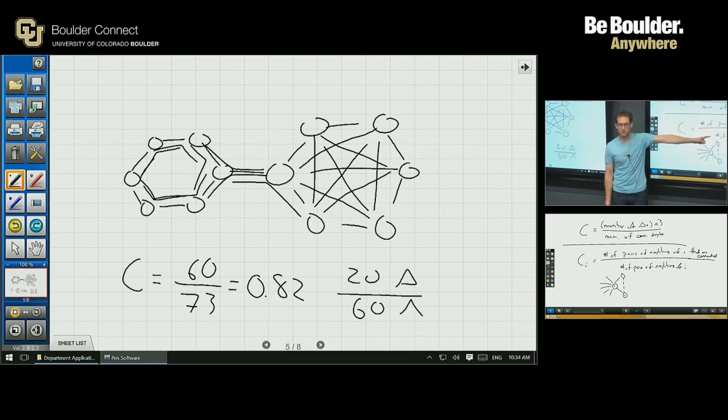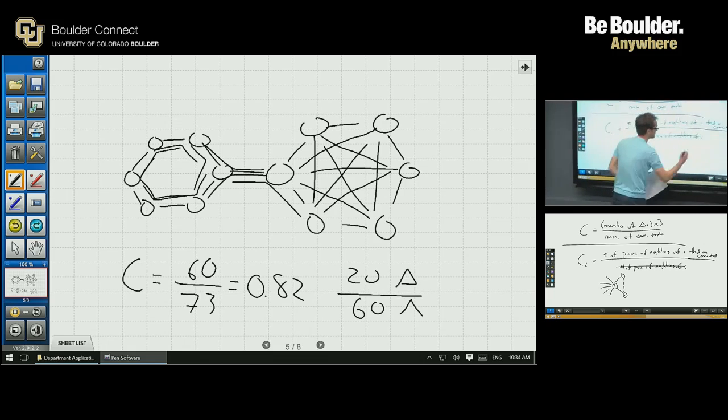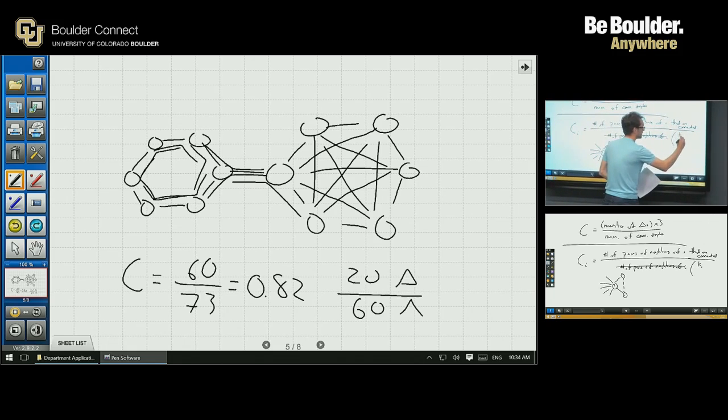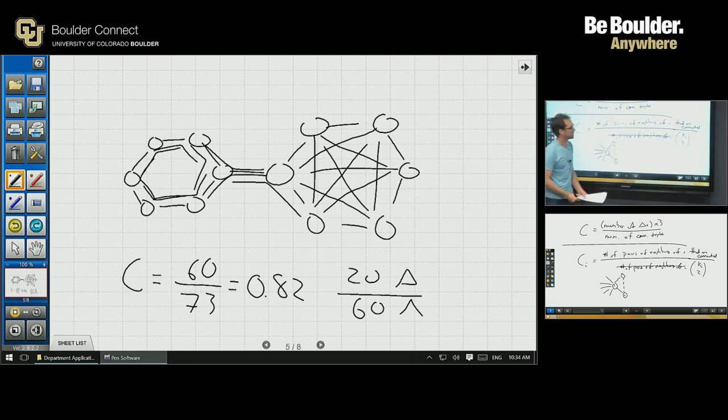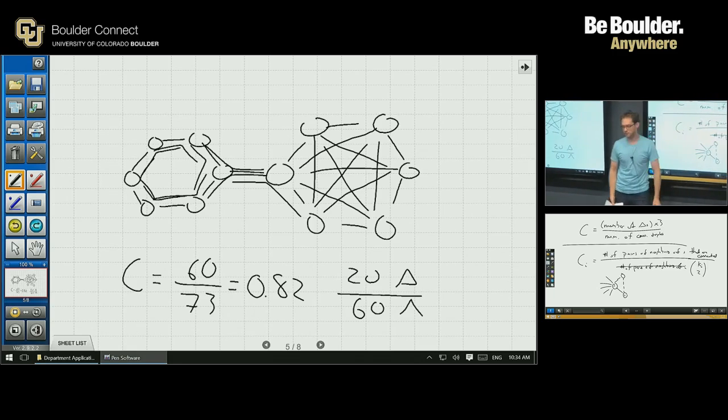So this bottom term, I can actually compute analytically. If I know my degree, I can already calculate how many pairs of neighbors I have, which is what? Yeah, so this is just k_i choose 2. But the top line is non-trivial.